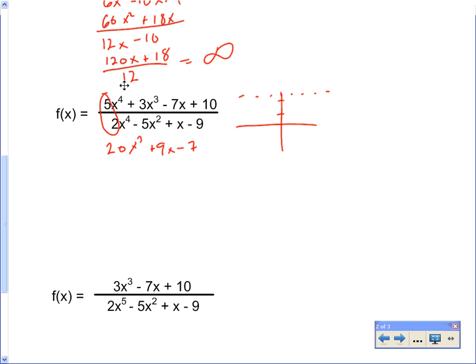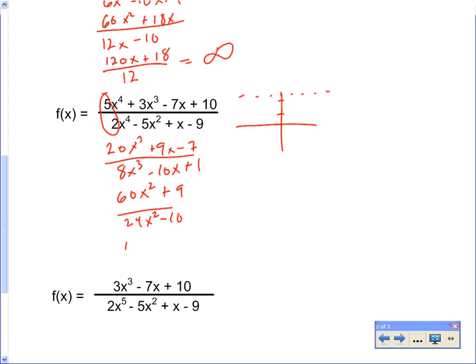I'd get the same thing that I had up top, except my power on the bottom would stay one higher. As I keep going through this, I'd get 8x cubed minus 10x plus 1. Take the derivative again: 60x squared plus 9 over 24x squared minus 10.